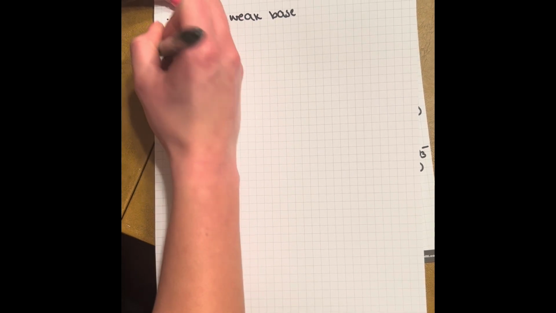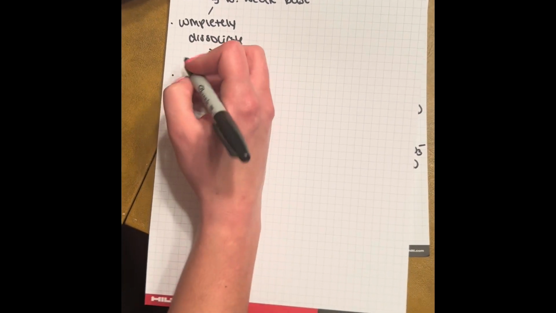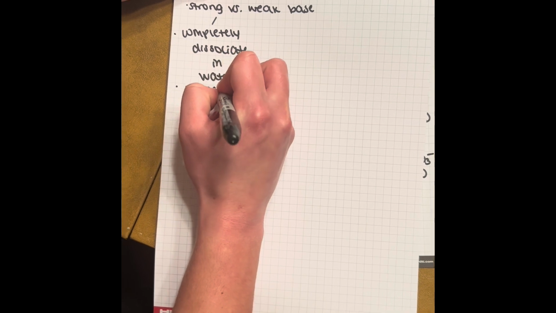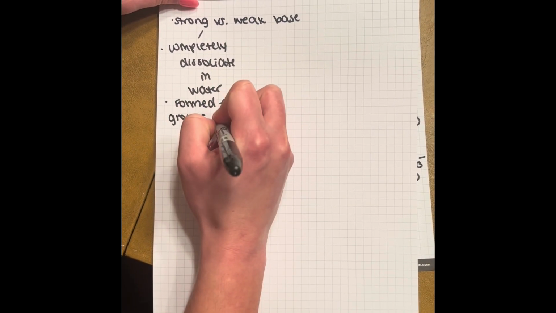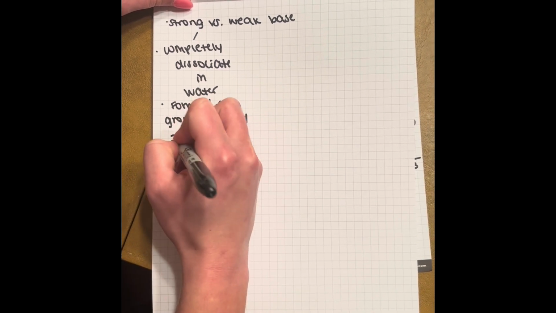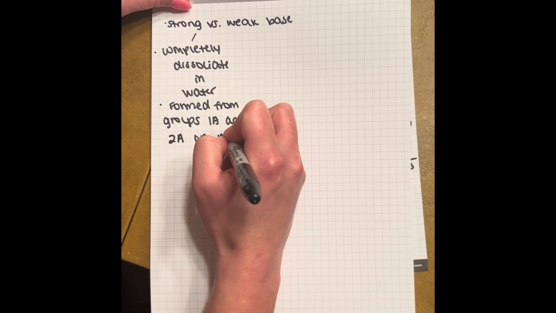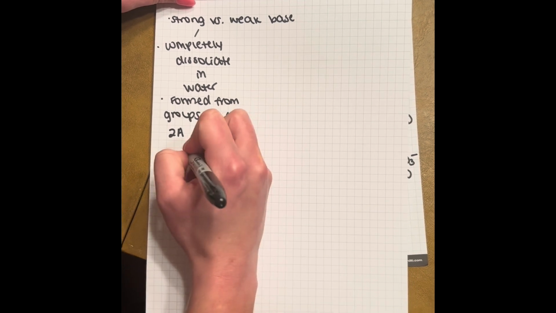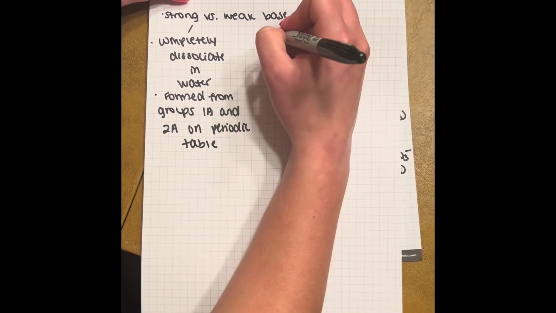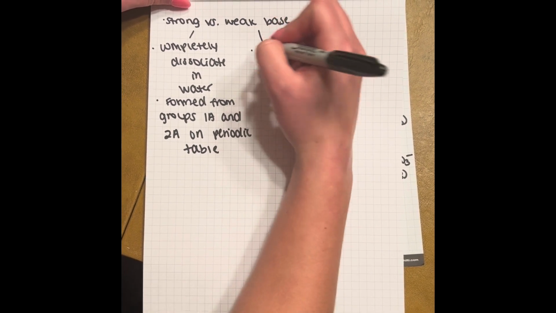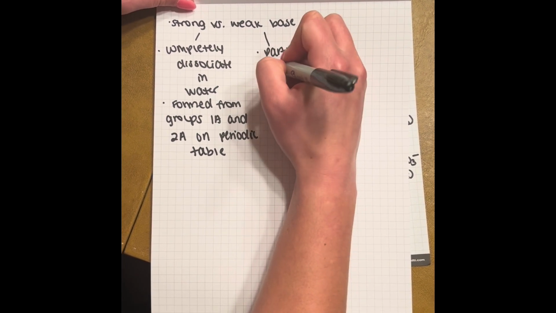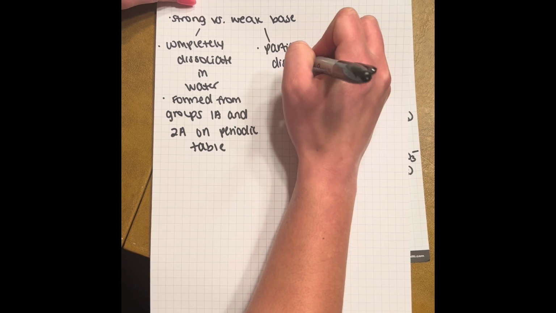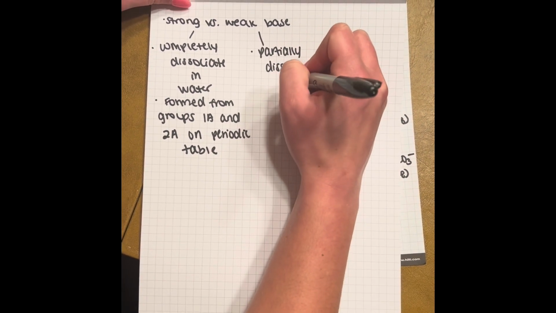Now with strong bases, these are formed from groups 1A and 2A on the periodic table. And our weak bases are going to partially dissociate in water or solution.